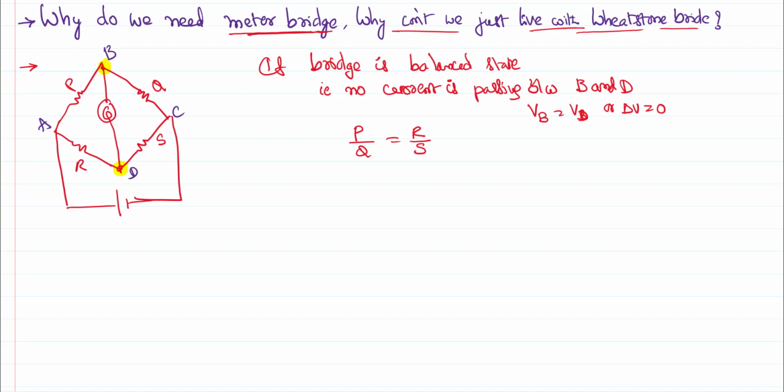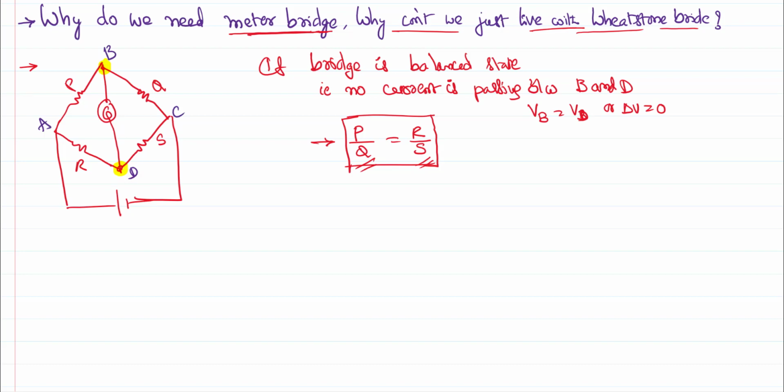So to get this bridge balanced, P by Q must equal R by S. This is quite easy to say on paper. You make P by Q equal to R by S, and the bridge gets balanced. But how do you make it? For what values of P, Q, R and S it happens, we never know. So you have to keep experimenting and changing the values.